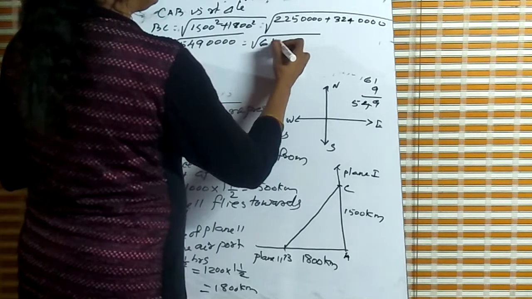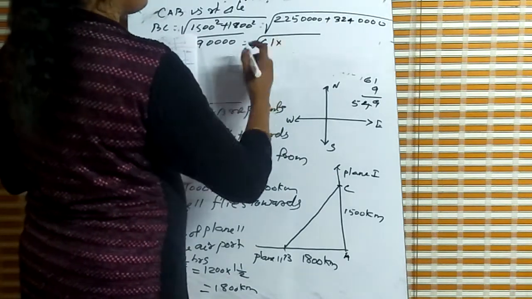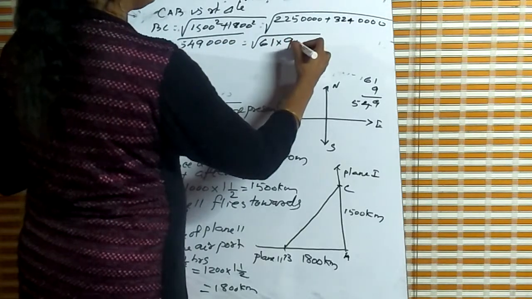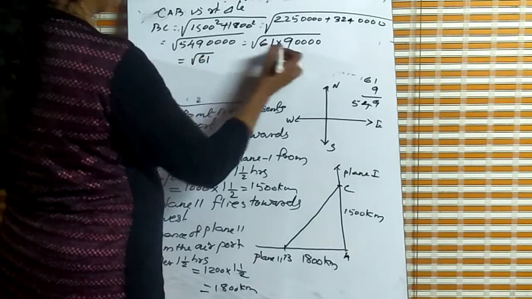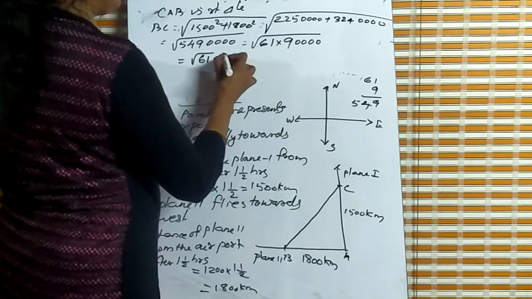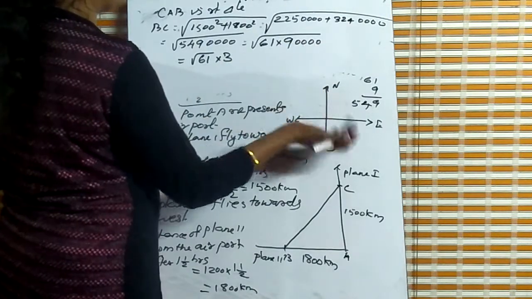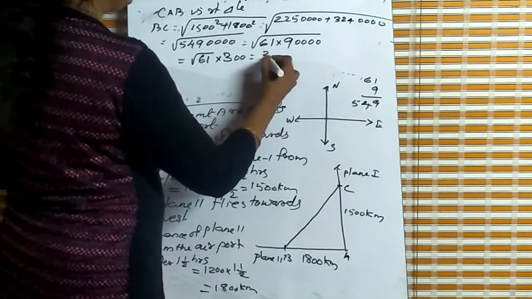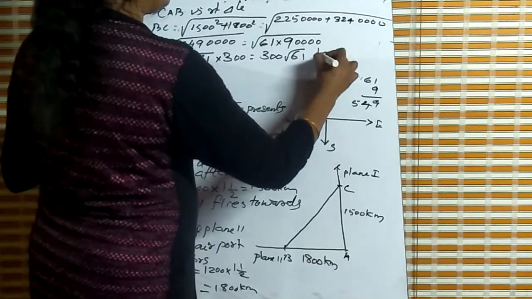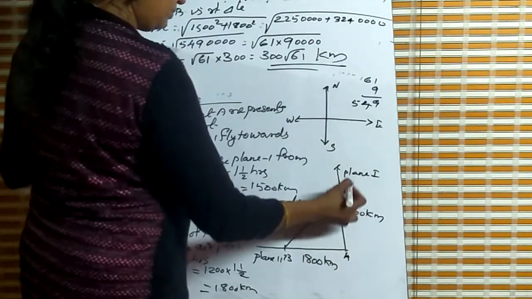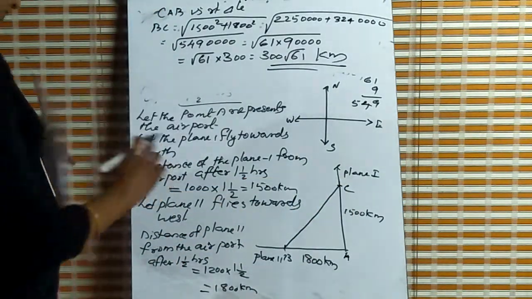So it equals root 61 into root of 9, which is 3, and 4 zeros inside the square root, outside 2 zeros, is equal to 300 root 61 kilometer. That is the distance between the two planes, 300 root 61 kilometer.